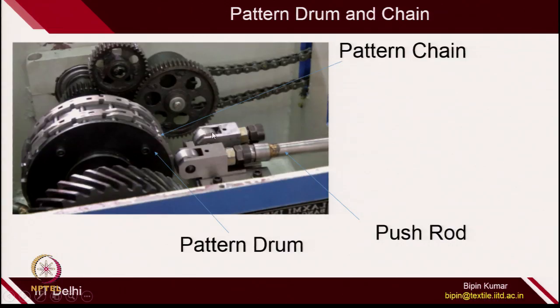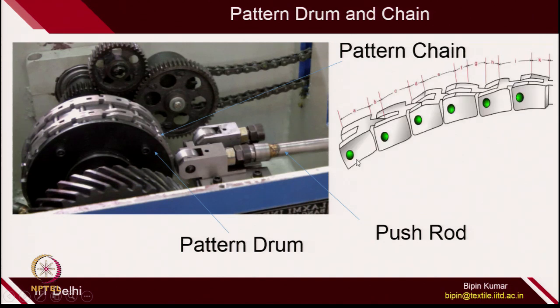Before we move on, a quick recap of what we covered in the last lecture. In the previous two lectures we gave more emphasis to the pattern drum and pattern chain. This is the basis of how the sagging movement of the guide bar is achieved. There is a push rod which follows the path of the pattern chain, and this pattern chain is a series of different chain links connected by a bar.